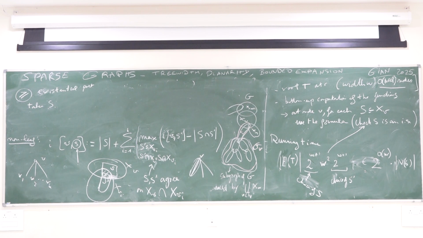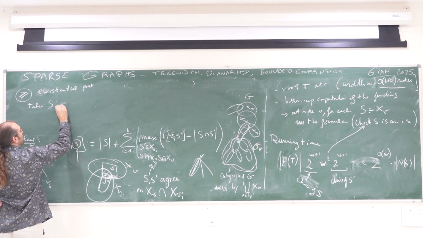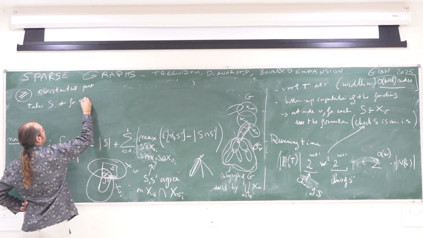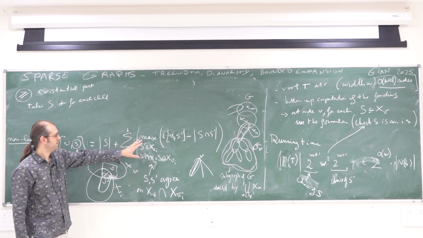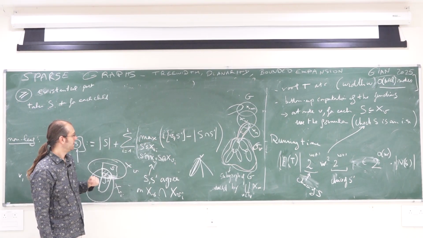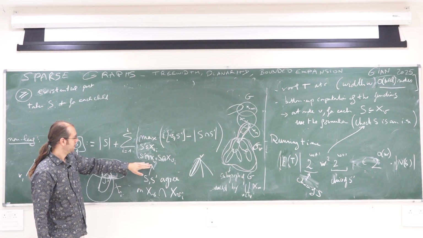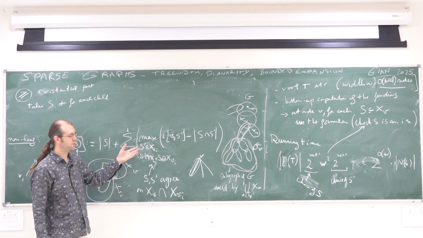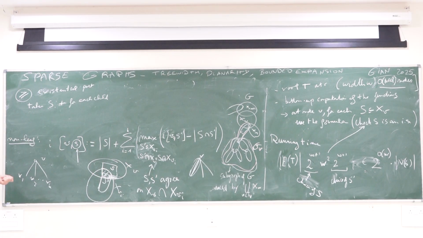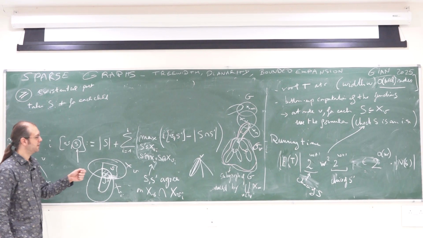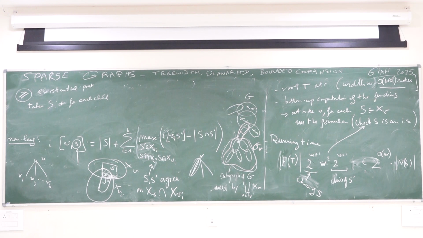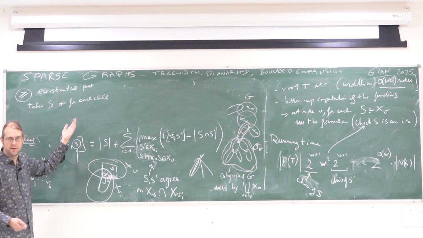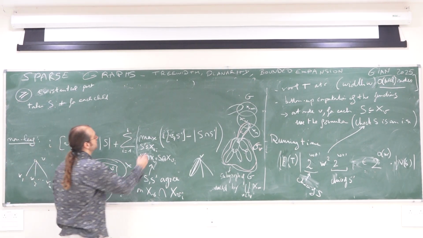So I take S, and for each child, I exactly look at this formula. This formula tells me I'm taking the maximum for each child of the S primes which agree with the S on the intersection. I take the ones that give me the largest independent set. And so I do this for all the children. So what I get is an independent set. This is maybe the important thing to see.